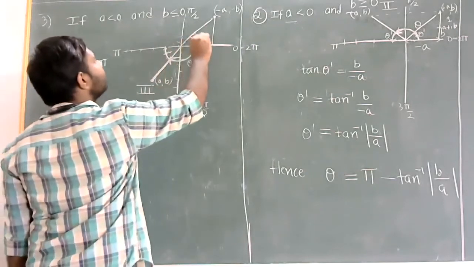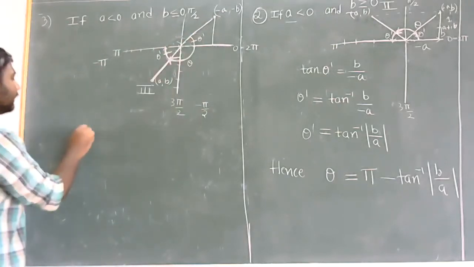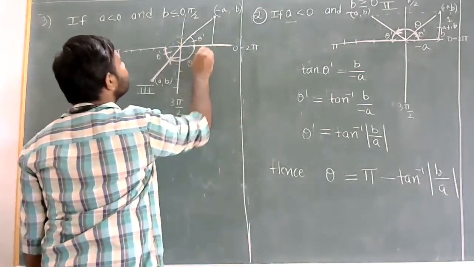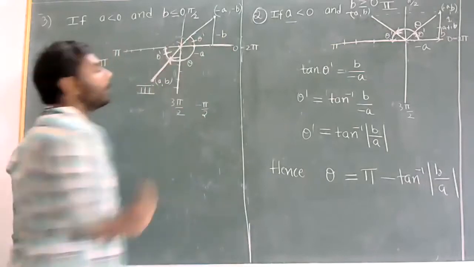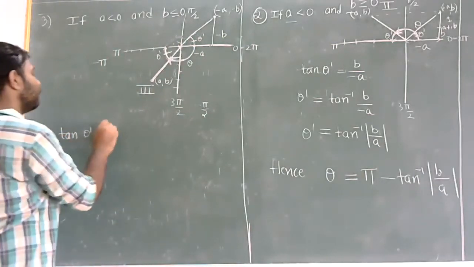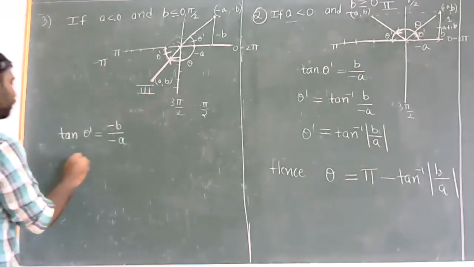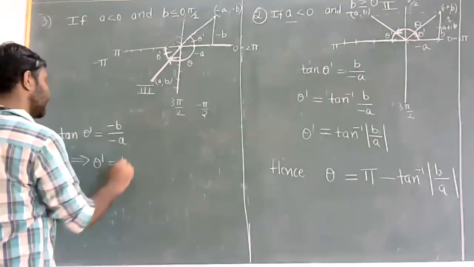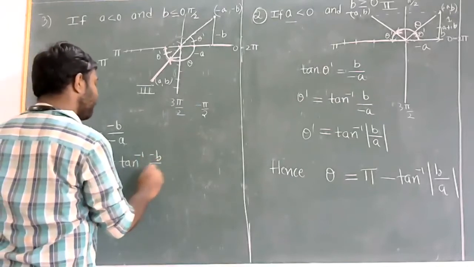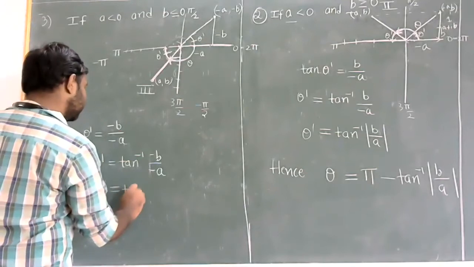Name it as theta dash, and this as theta. So what is theta dash? The length of this line is minus a, the length of this line is minus b. So tan theta dash is minus b by minus a, or theta dash is tan inverse of minus b by minus a.